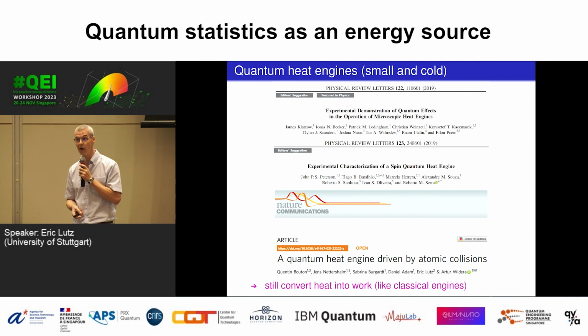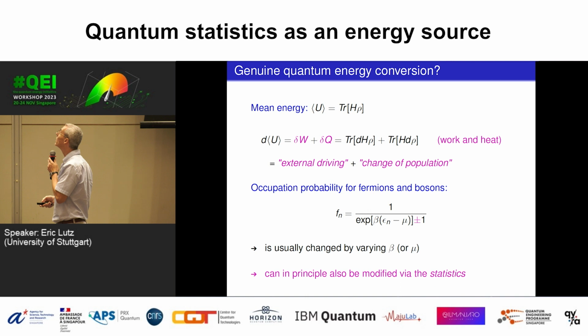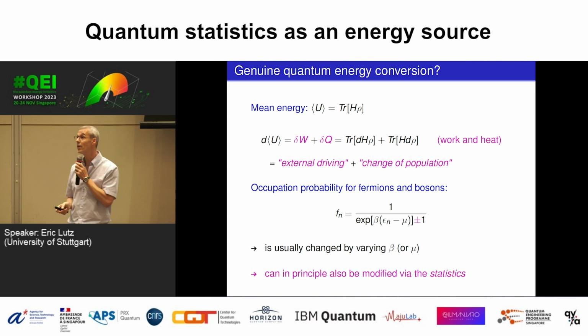The question one might ask is: is there a genuinely quantum energy conversion mechanism? That's actually the topic of this talk. In order to answer this question, let me start by introducing the mean energy of the system, which is, as some elementary quantum thermodynamics, nothing but the expectation value of the Hamiltonian of the system. Now let's assume we make a small variation.